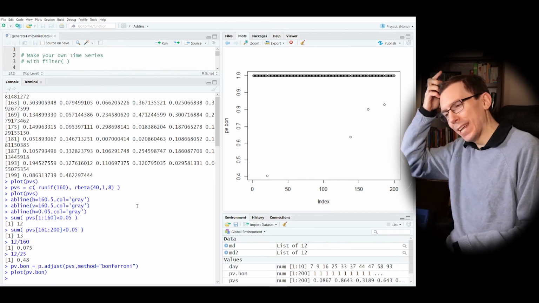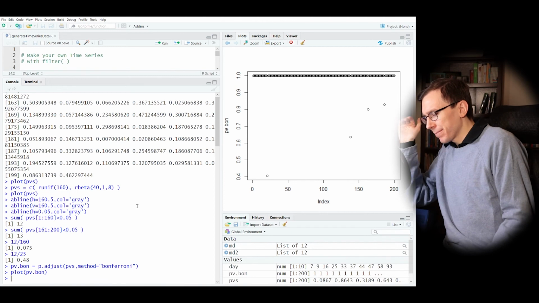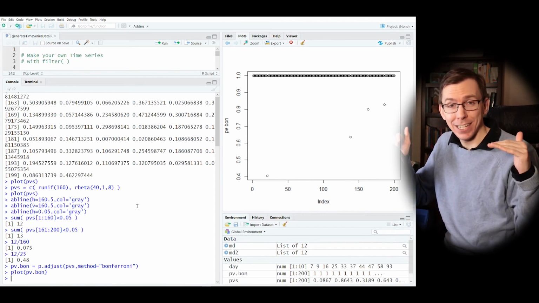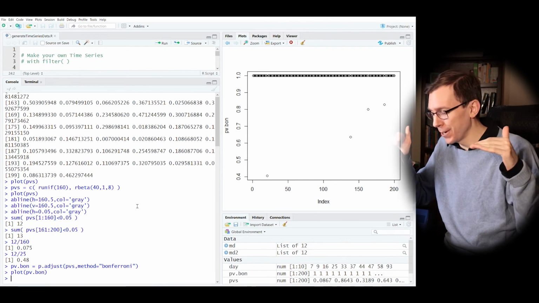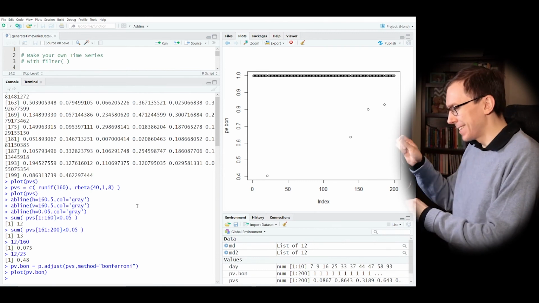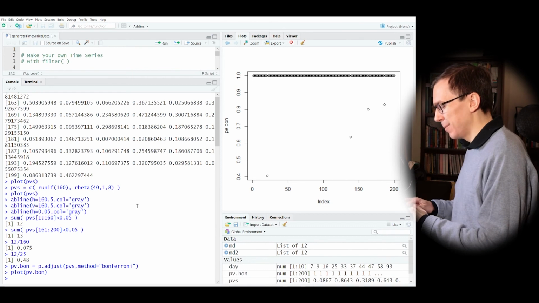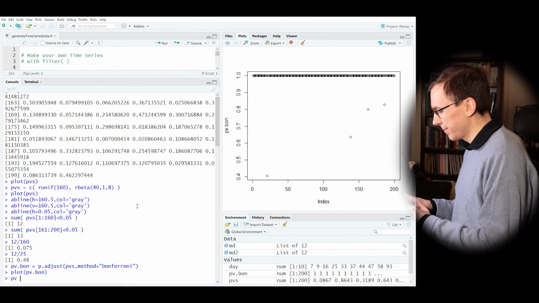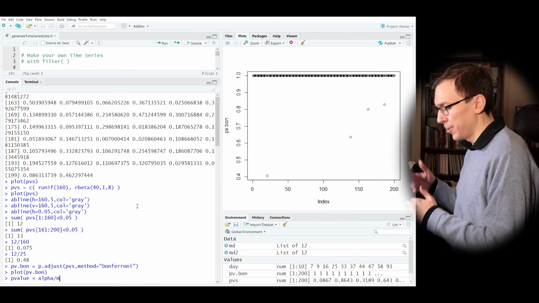So what in the world happened here? Well, p-adjust is not adjusting the threshold, it's adjusting the p-values. So I should have written this in my notebook, but we'll just type it out here. If I have a p-value, then what Bonferroni says is I should reject it if it's less than alpha divided by m, the total number of tests.